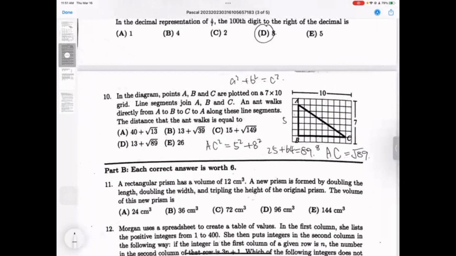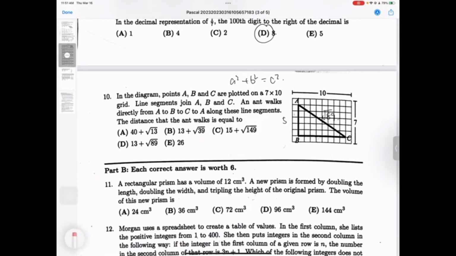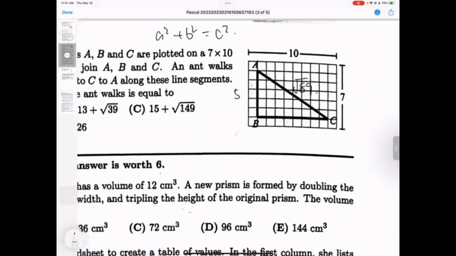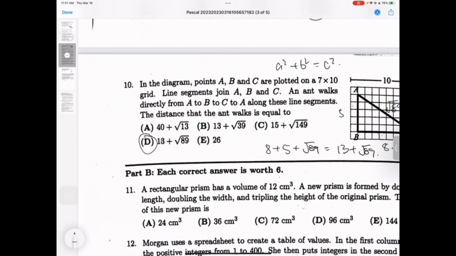So now we know that this side is square root of 89. And so in order to find out the perimeter, we just basically add the 3 numbers up. And that is 13 plus square root of 89. And that is D.